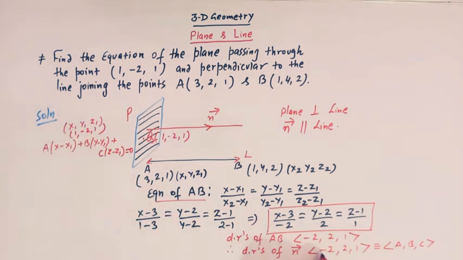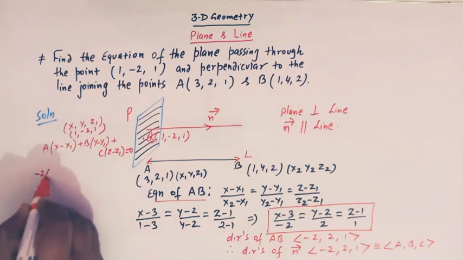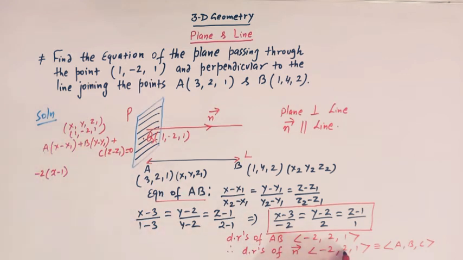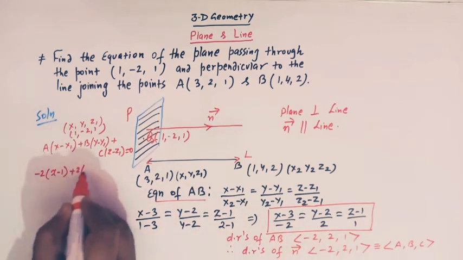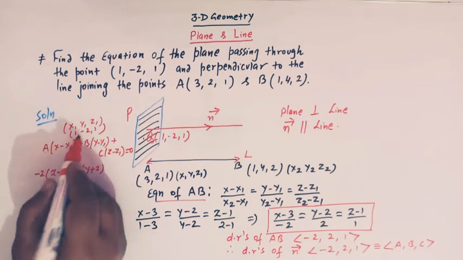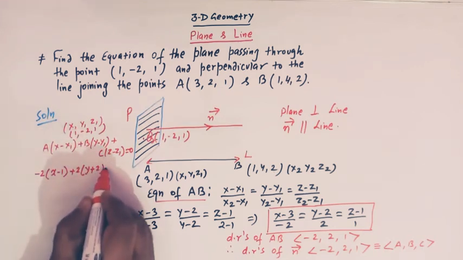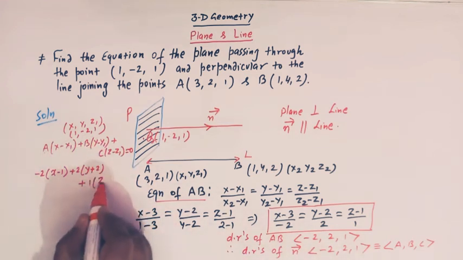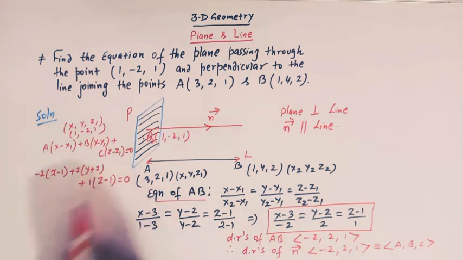So substituting the values, we have -2(x minus 1), then b is 2, so 2(y minus y1), so we have (y plus 2), because here we have -2, and then c is 1 and (z minus 1) equal to 0.